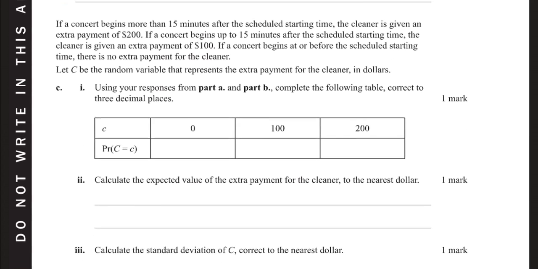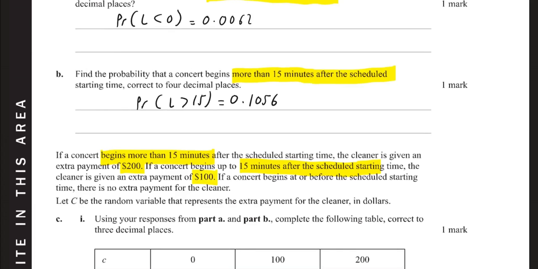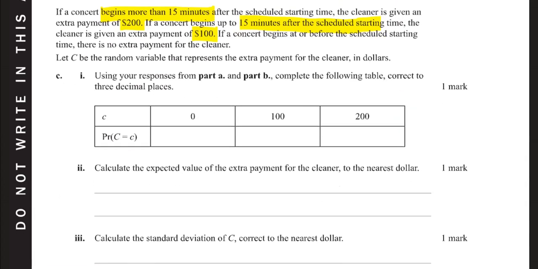Now, if a concert begins more than 15 minutes late, the cleaner is given an extra payment of $200, and if it begins up to 15 minutes after the scheduled time, he gets an extra payment of $100. And if it starts at the scheduled time, there's no extra payment for him.